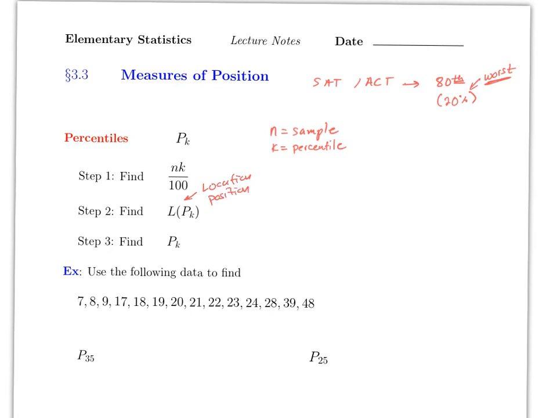And by location or position, I mean this. This is the data set we have. So I highly recommend you do this before you start the problem. So this is the first location, this is the second one, the third one, 4th, 5th, and so forth, 8, 9, 10, 11, 12, 13, and 14. Which means that n is 14.